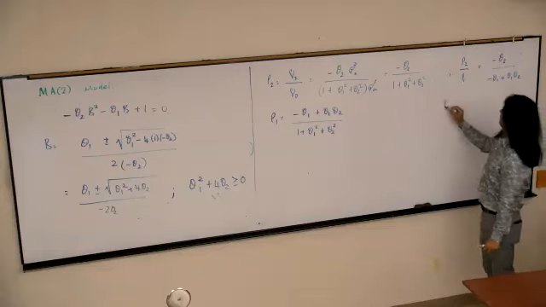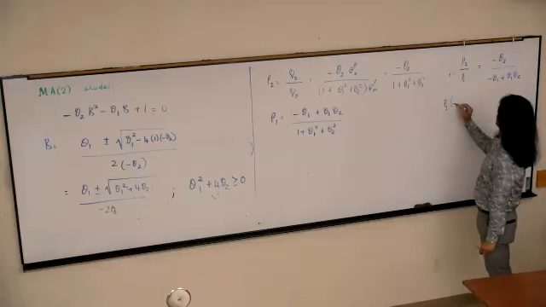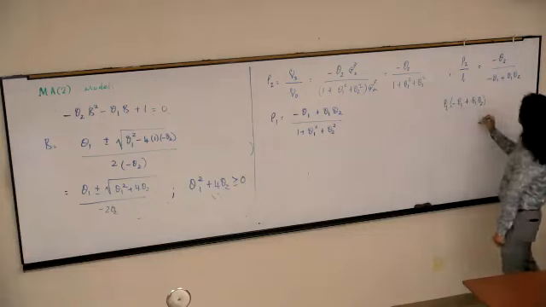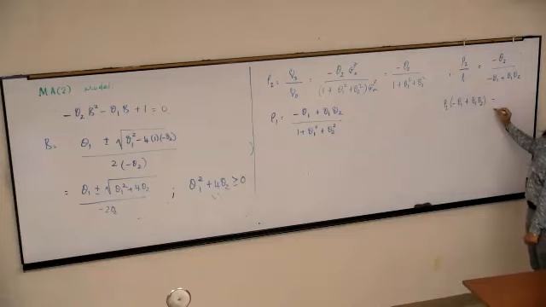Well, rho 2 times that will be negative rho 1 plus theta 1 theta 2 equals negative rho 1 theta 2.